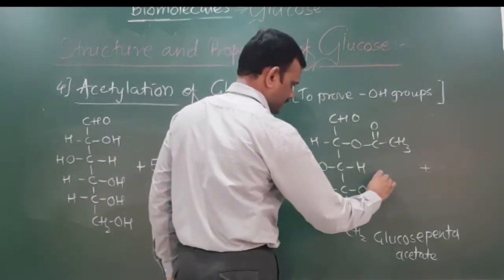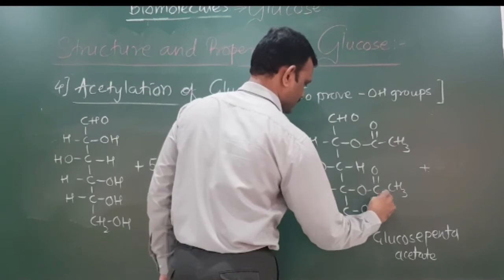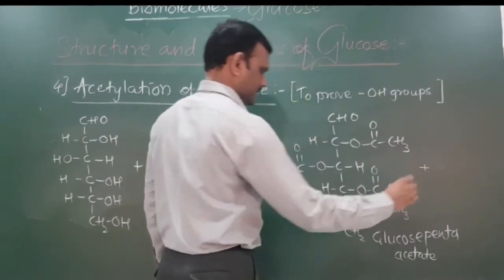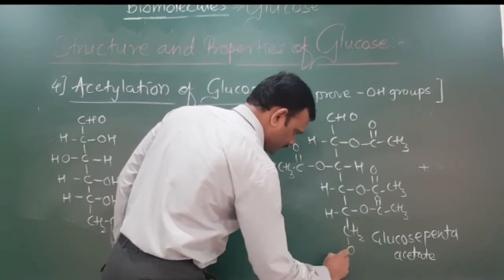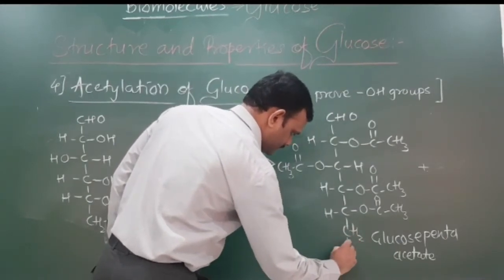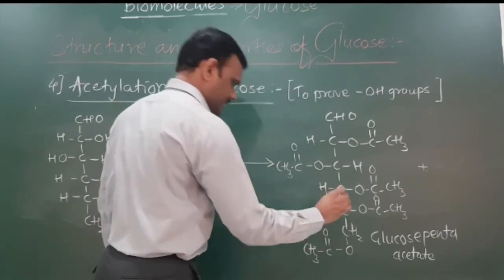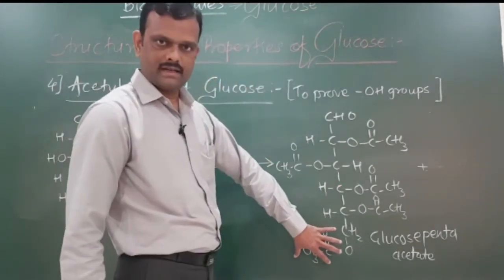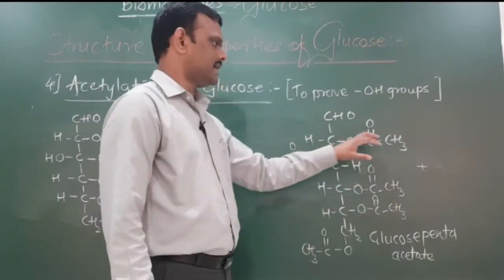Similarly here C double bond O CH3, and this one is C double bond O CH3, and finally here it is O and it is attached to C double bond O CH3. That means 5 acetyl groups are there, 1, 2, 3, 4 and 5.